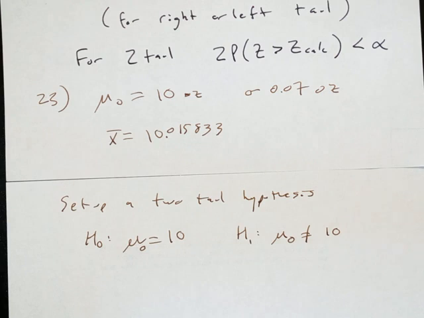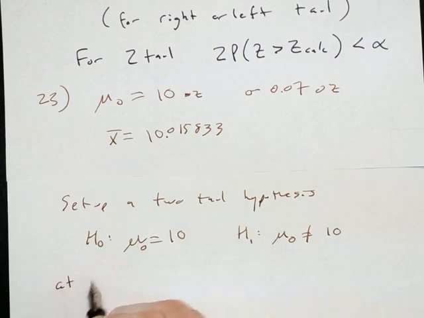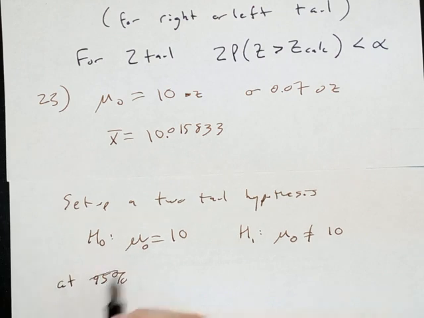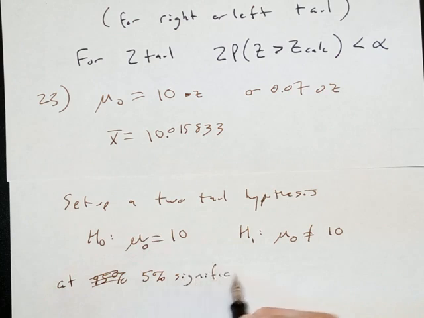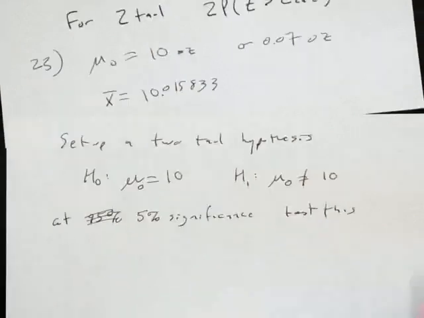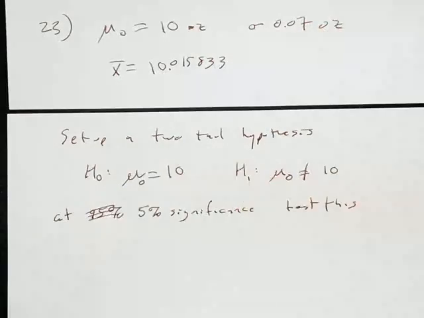Now, it also tells me at 95%, right? Oh, no, it says it the other way. At 5%. At 5% significance. Test this. So now I can do what you just said, but I need zcalc, and then I can compare it.